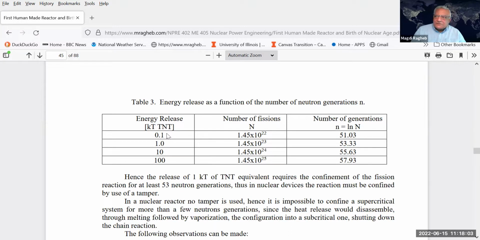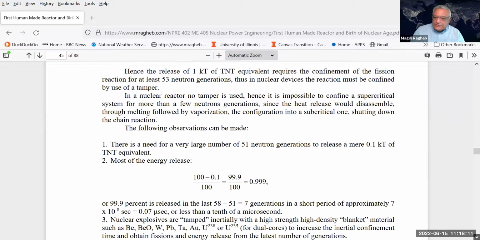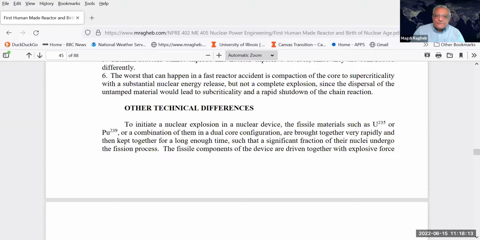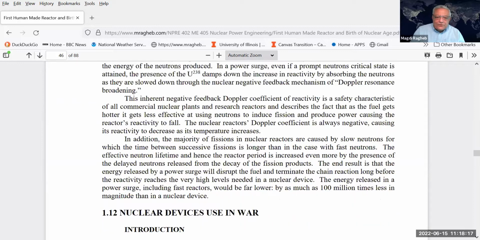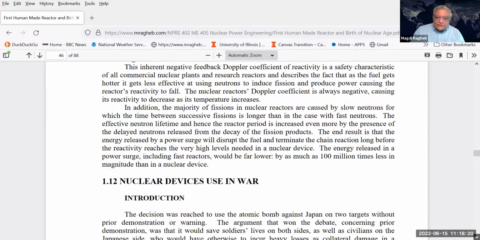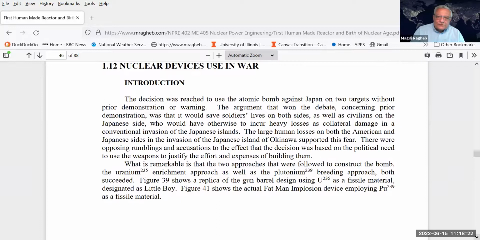Nuclear reactor accidents will release some energy, but then the system disassembles itself and it cannot produce the energy that you produce from a nuclear explosive. There are technical differences that I describe here, but I want to go for the use, the first use of nuclear energy, unfortunately, in war.